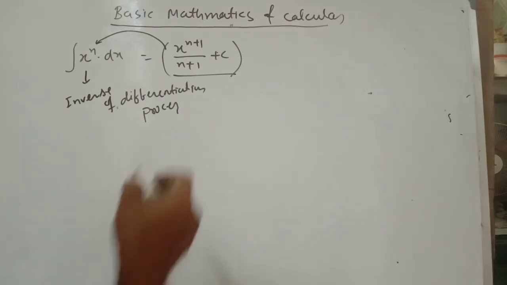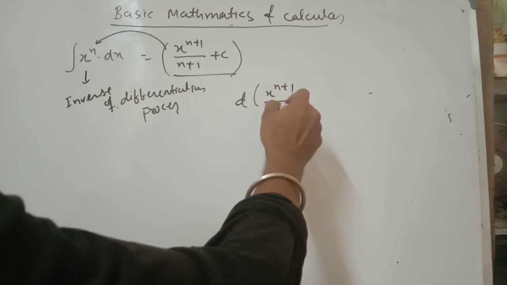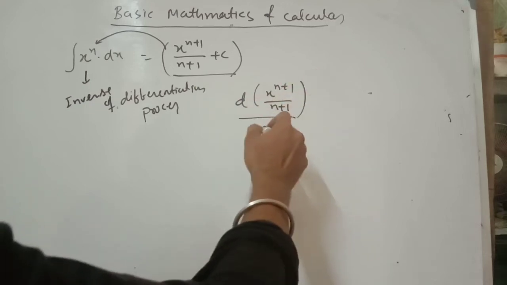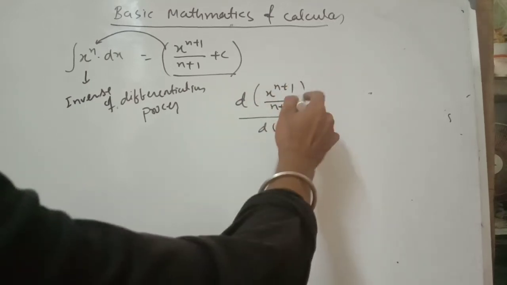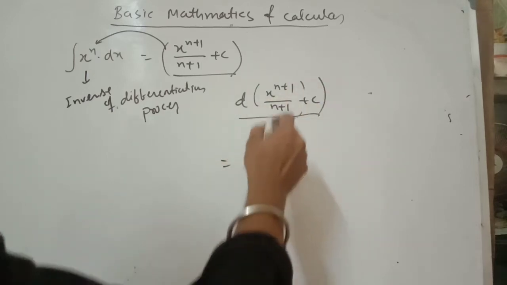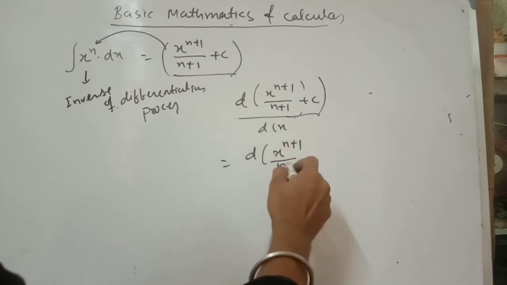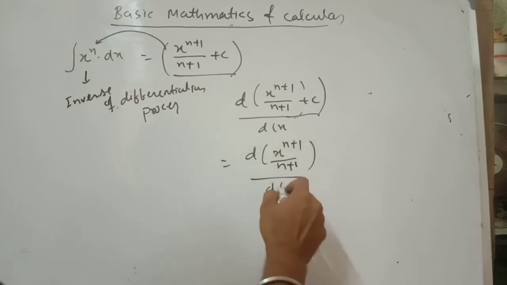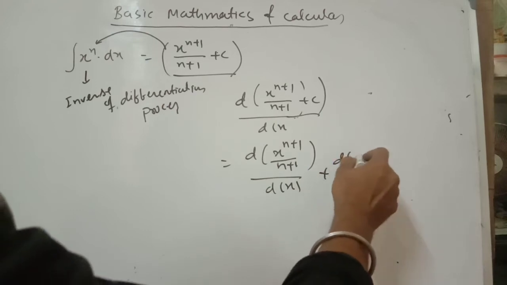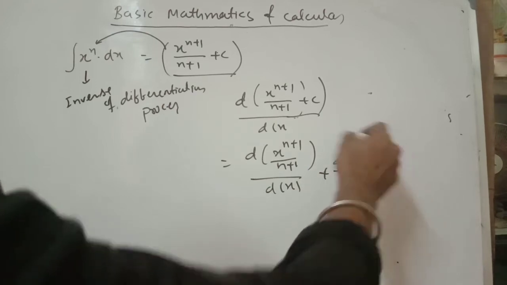So how can you check it? Let's take x to the power n plus 1 divided by n plus 1, plus c. When you use the sum formula, first you break it into two terms. The constant term's differentiation has the value 0.